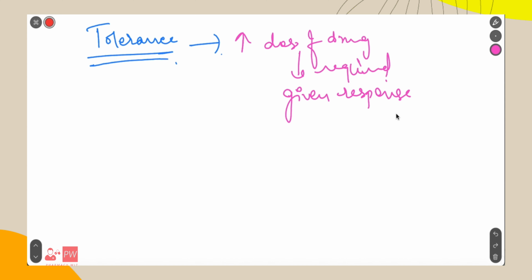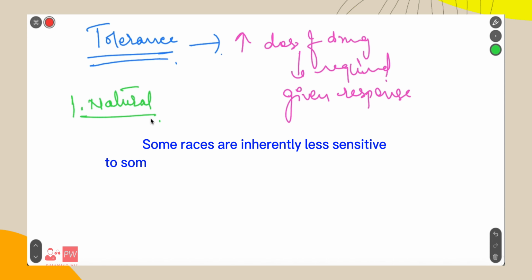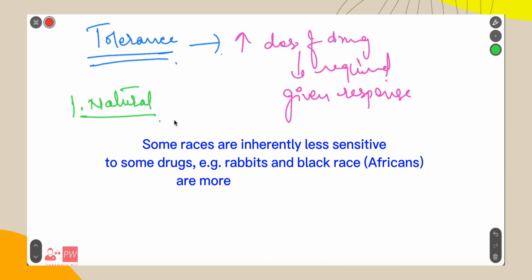Now tolerance is categorized into, the first one, natural tolerance. So what is natural tolerance? Some races are inherently less sensitive to some drugs. Example, rabbits and black race are more tolerant to atropine.